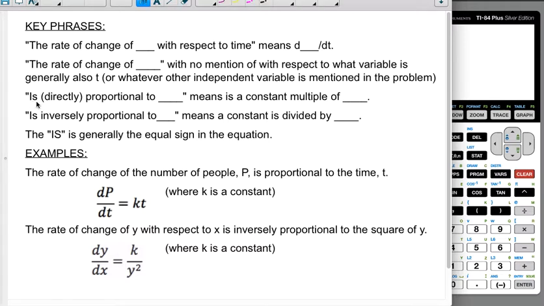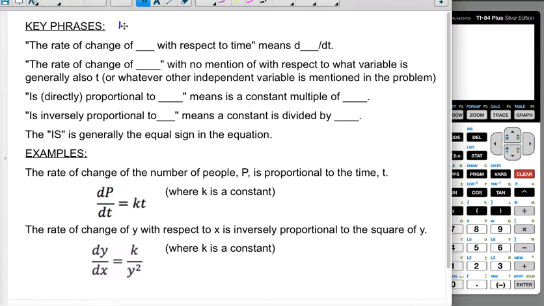When you hear the phrase "is directly proportional to," that means is a constant multiple of something. So if you hear "is directly proportional to," let's say, x, it would mean is equal to kx. If you hear "is inversely proportional to," it means it's a constant divided by that thing. We saw this in Algebra 2 and Pre-Calc multiple times.